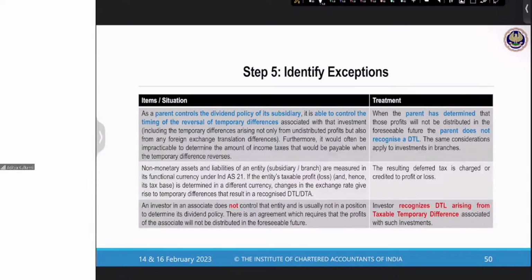Okay. See, one thing is DTL, deferred tax liability, starts to hit the P&L generally. Because of this, what happens is companies may be reluctant to pass a DTL entry because it brings down their profits. It brings down their profits means it starts impacting the distributability of the profits.